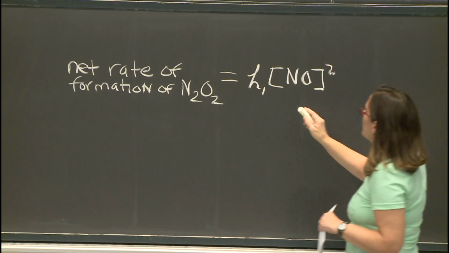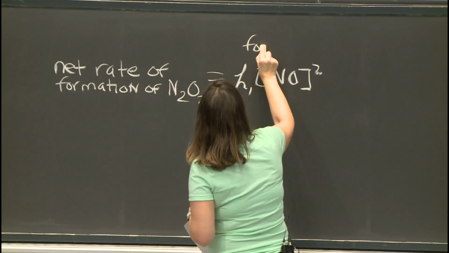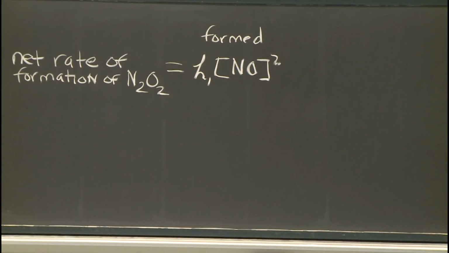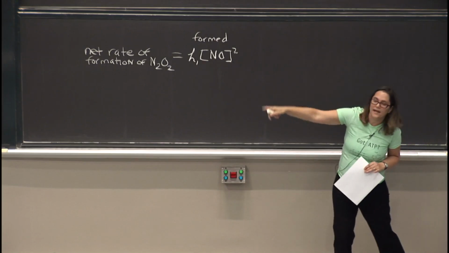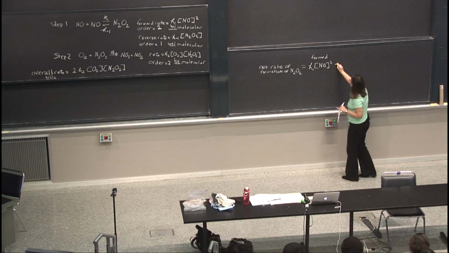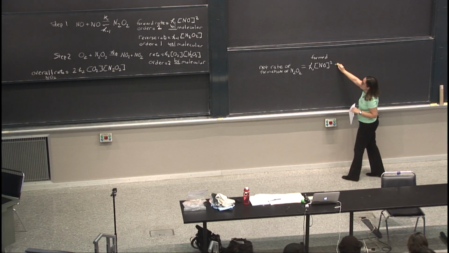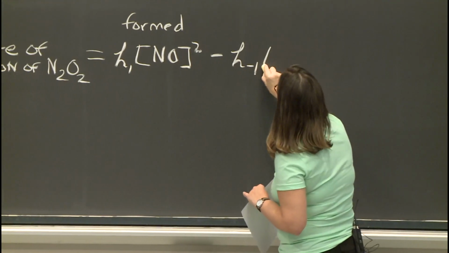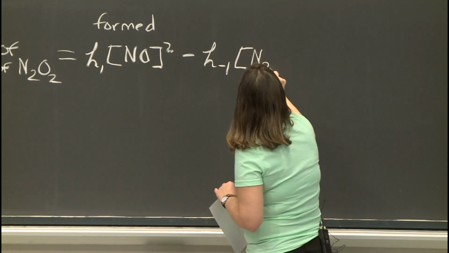And so this is where our intermediate is formed. Our intermediate is going away in 2 different steps. So it's going away in the reverse direction of step 1. So it's decomposing in that step, and it's decomposing at the rate of k minus 1 times its concentration.